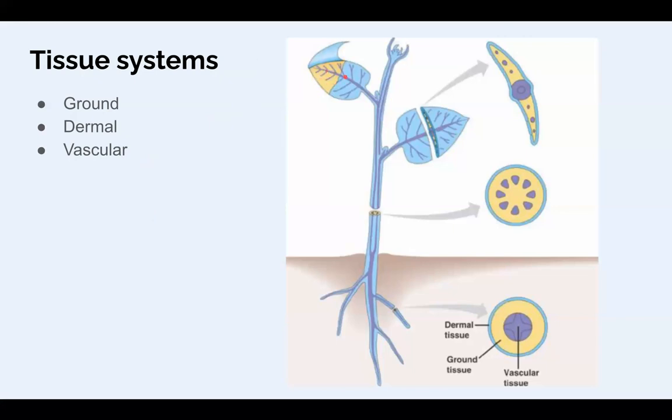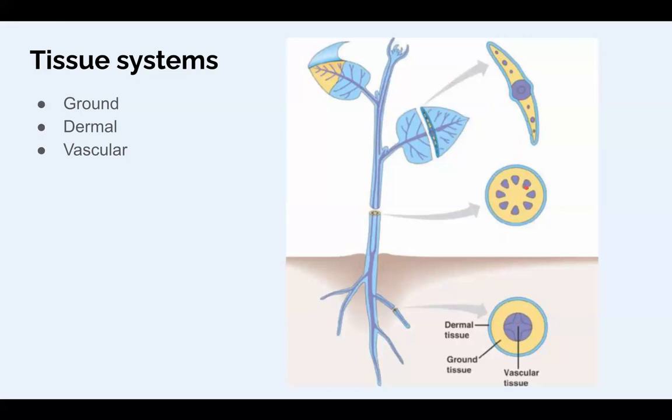And then everything is covered in blue, which is the dermal tissue system. Dermal, like the skin, coating the surface of the leaves, the stems, and the roots, all surrounded in dermal tissue. And then vascular tissue, as we saw, was a defining feature of these vascular plants. So the ferns and their relatives and the seed plants have vascular tissue.